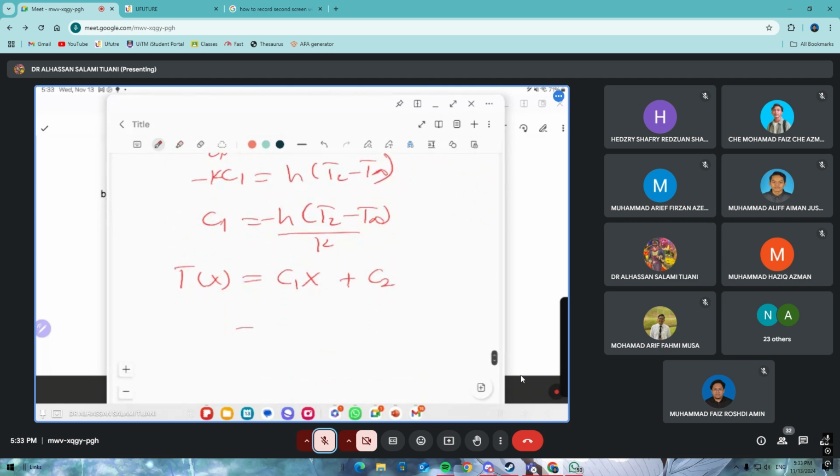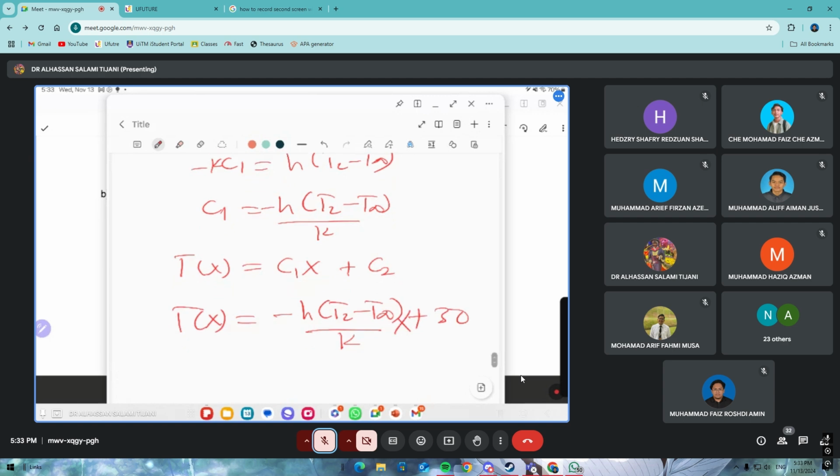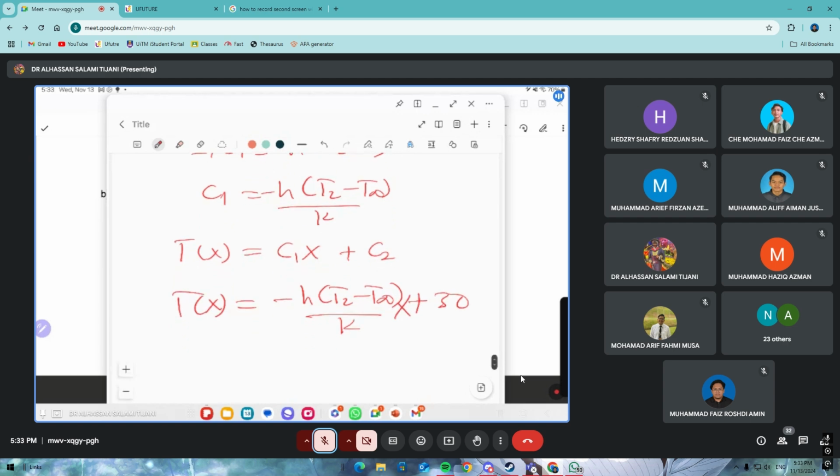So now we're going to have minus h times T2 minus T infinity divided by K, plus 30, times X over here. All right, so this is the equation governing the heat transfer. Okay, so now let's look at the next question.